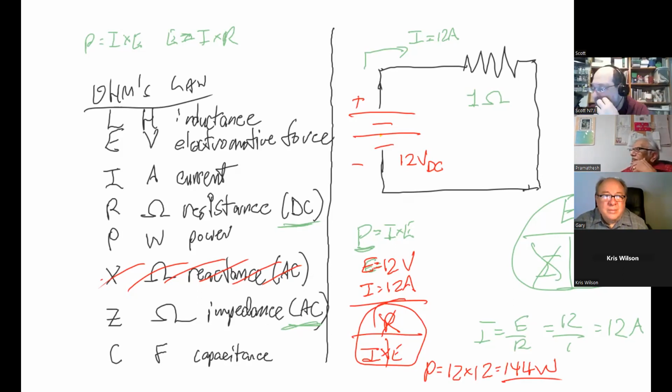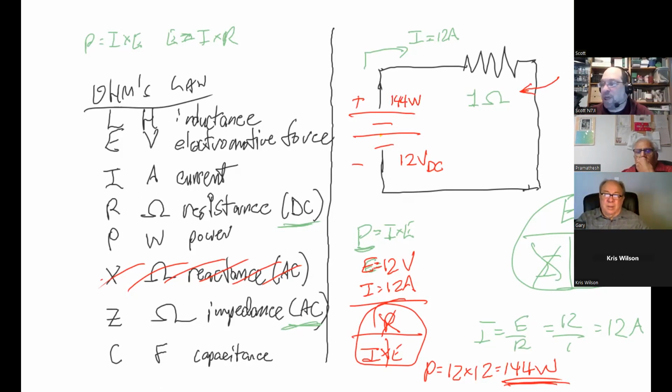Okay, so the next thing we can look at is the resistor. And here we can do this a couple of different ways. Intuitively speaking, if the power supply is supplying 144 watts, how much should that resistor be dissipating?